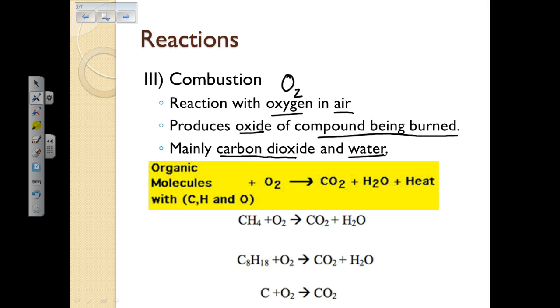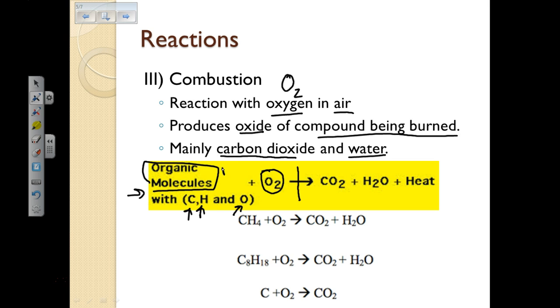So you get this general form of a combustion reaction where you have big organic molecules that get burnt. Not that you have to know what is in an organic molecule, but we're talking about compounds that are made of C, H, and O, and those compounds are reacted with the O2 in the atmosphere.